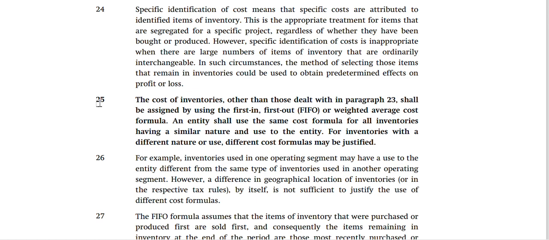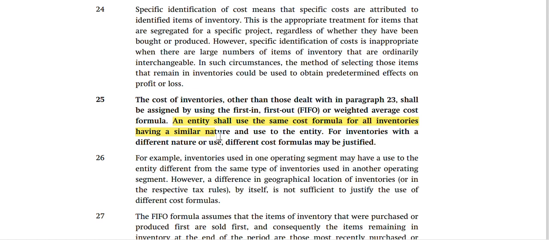And then we're looking at paragraph 25. The cost of inventories, other than those dealt with in paragraph 23, shall be assigned by using the first-in, first-out, or weighted average cost formula. An entity shall use the same cost formula for all inventories having a similar nature and use to the entity. For inventories with a different nature or use, different cost formulas may be justified. So what is important here is the nature of the inventory.